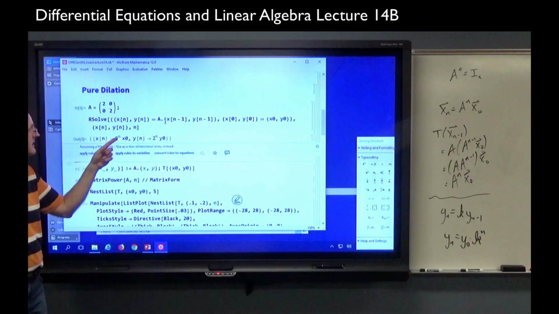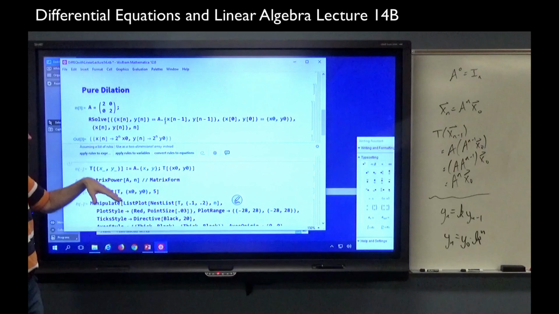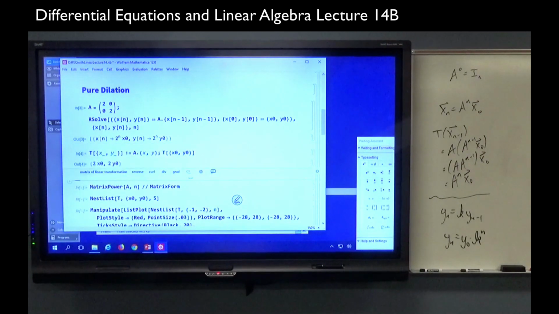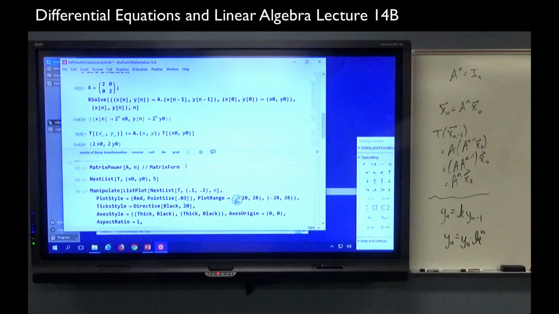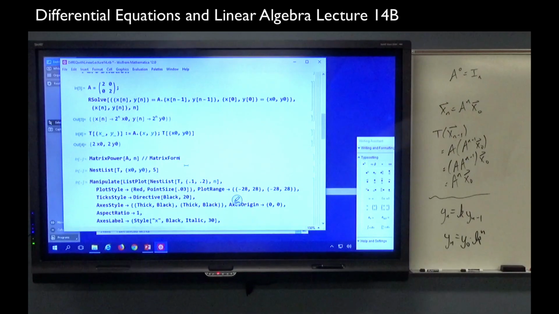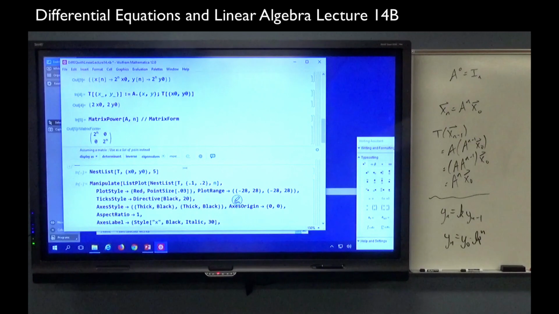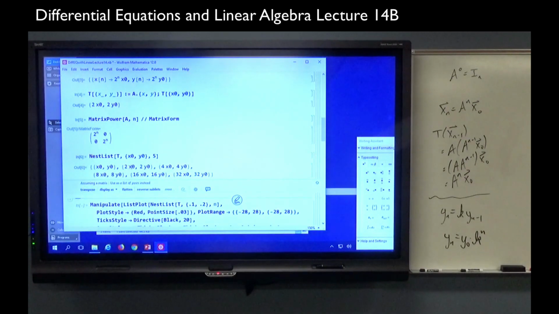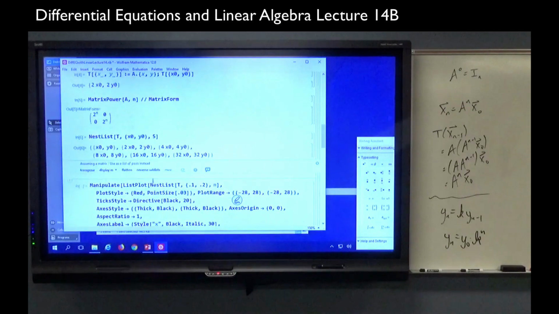As a vector, it'd be 2 to the n x0 for the first component and 2 to the n y0 for the second component. You could factor out the 2 to the n, that's the a to the n. You could also do it in terms of, well, here's how it affects one initial condition when you apply T once. Here is A to the nth power in matrix form. Here's what happens when I iterate the function. I keep multiplying by 2 each time.